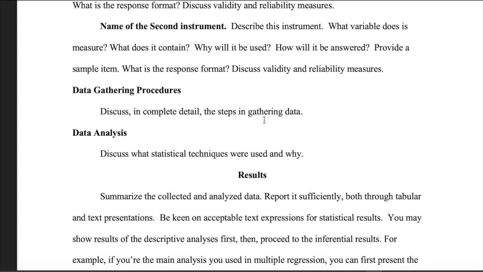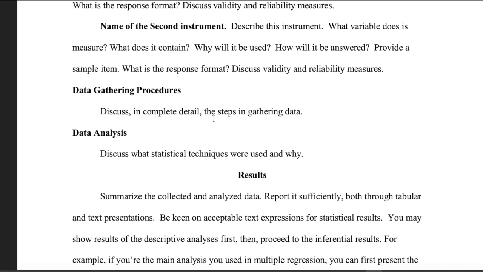Okay, and then second to the last, the data gathering procedures. What you want to put in the data gathering procedure are details in terms of how you collected the data. I guess the best gauge, if you want to know if you're doing it right, is to ask yourself, if somebody reads this section, can he do exactly what I did for my study?